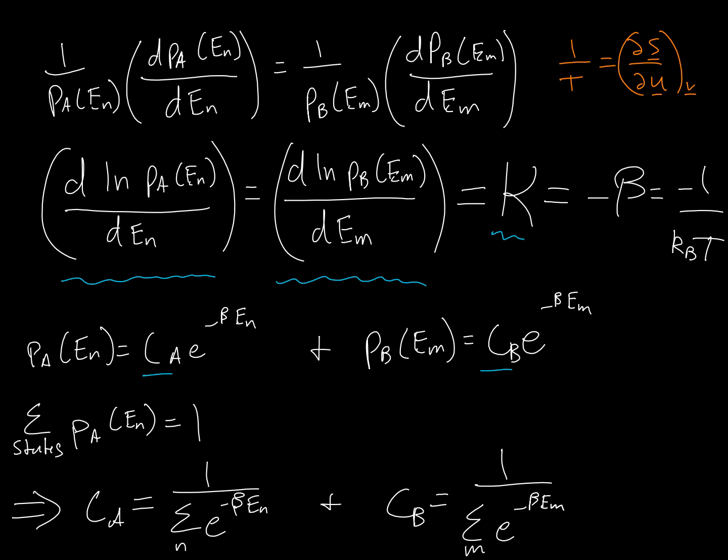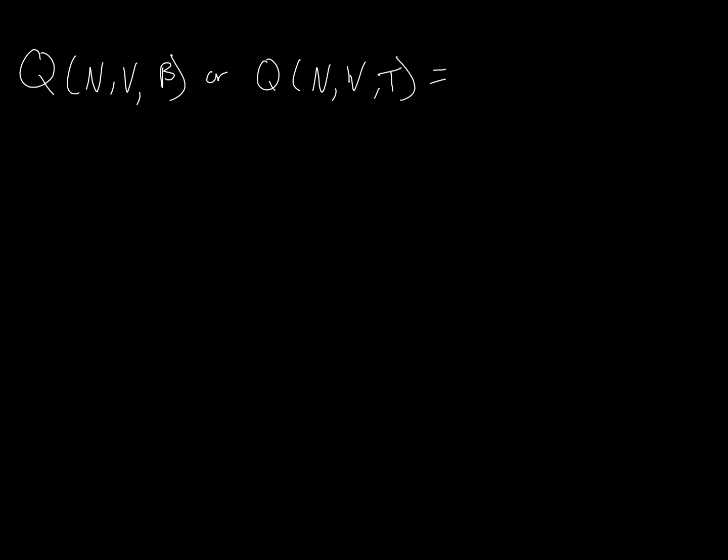Okay, and now we're through the worst of it. So we are going to now define Q, which we write as Q of N, V, beta, or Q of N, V, T. This is equal to the canonical partition function.